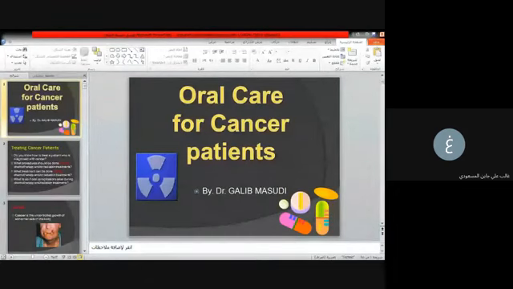Now special drugs are used in conjunction with chemotherapy and radiation therapy, which are the bisphosphonates. What is their problem? They cause osteonecrosis of the jaw.